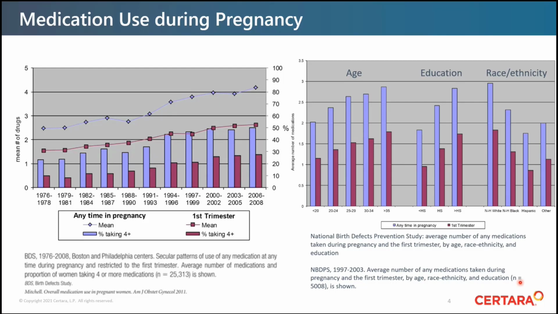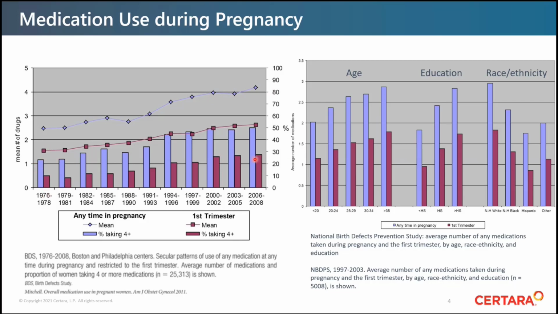This data is actually a little bit dated. It's from an article published in 2011 on overall medication use in pregnant women. And you can see that from the 1970s through 2008, the number of drugs taken anytime during pregnancy, indicated by this purple line here, has increased, or sorry, the percent of individuals taking medications has increased, and the percent taking 4 or more medications has also increased.